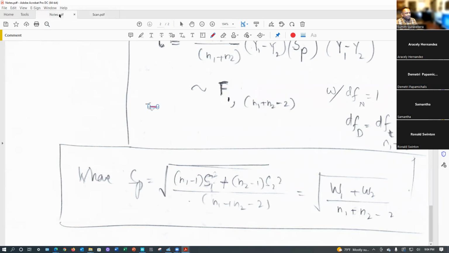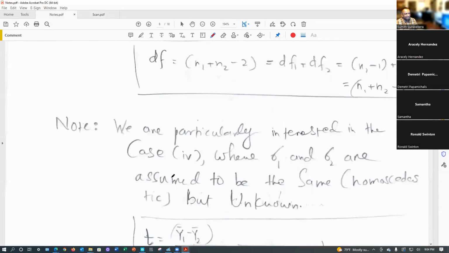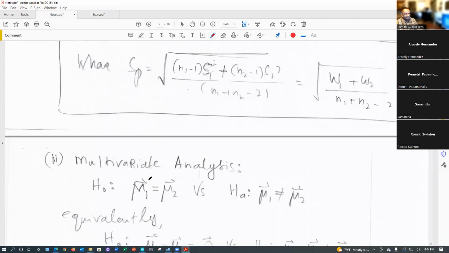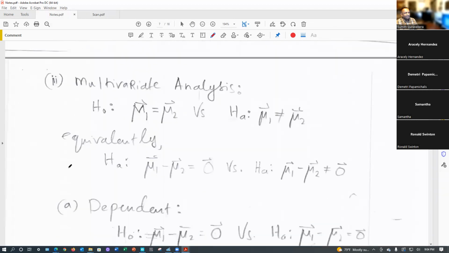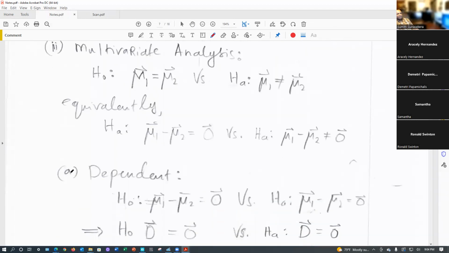So then let's get back to the notes. It's a multivariate counterpart if you go to that one. The multivariate case is the one we are now tackling over here. You have two groups, multivariate two groups. One group has several variables, let's say P variables, and the other also has P variables inside, but there are two groups.